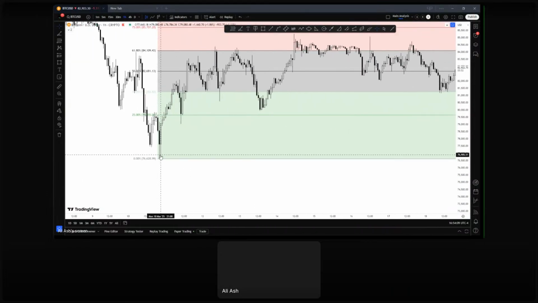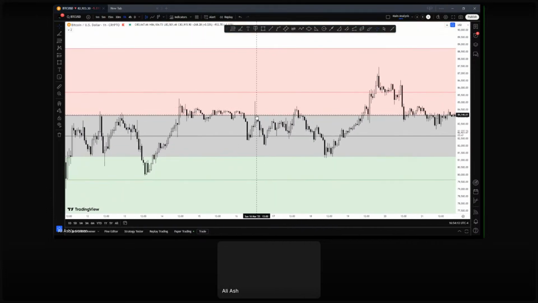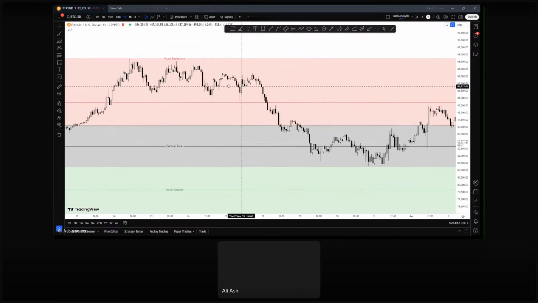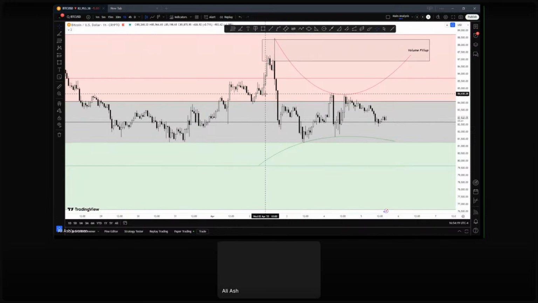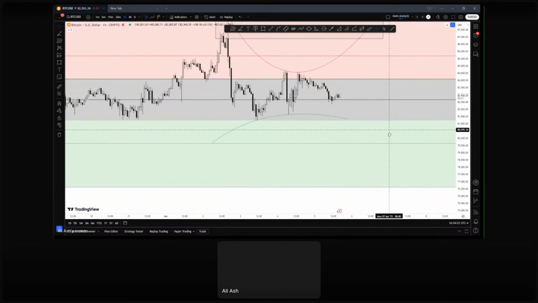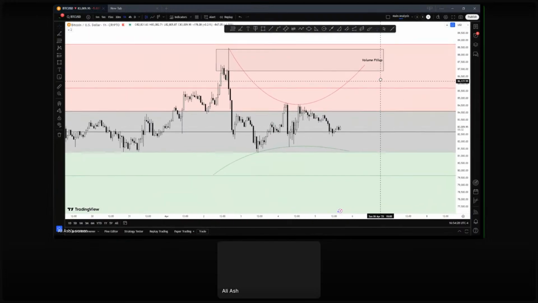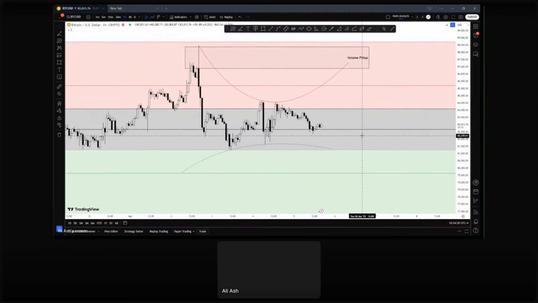Lastly we had this liquidity sweep, and then I guess this one was one of the liquidity swaps here, and then we have another one right here. So we need this to end somewhere here on the bottom. This is our volume fill up area, and right now we are lurking around this central zone.